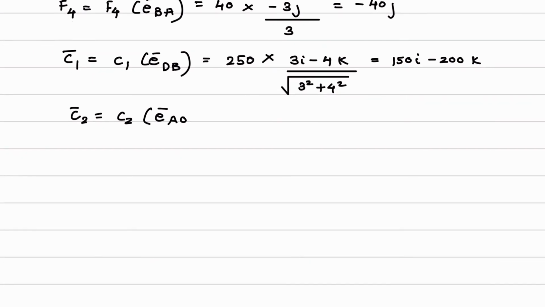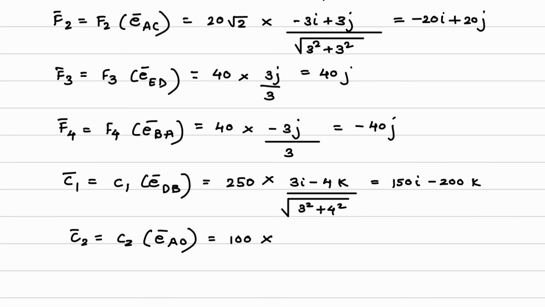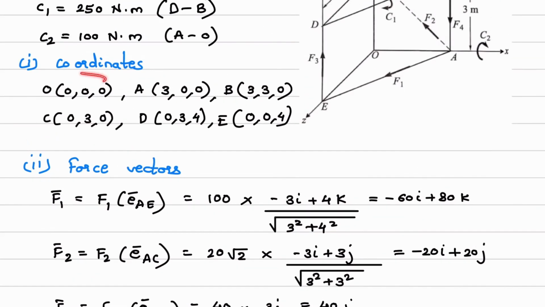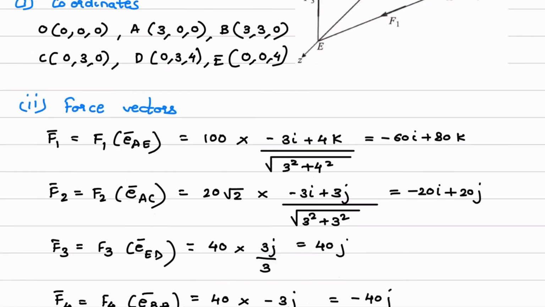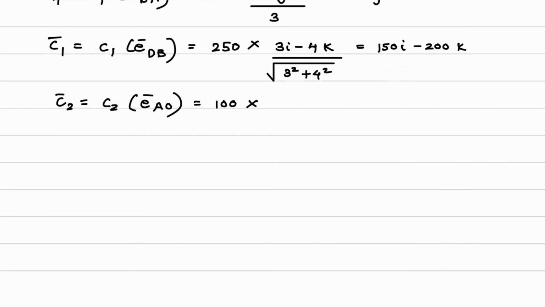A to O. So the C2 value is 100 Newton meter into O minus A. So it will be minus 3i upon under root of 3 square.